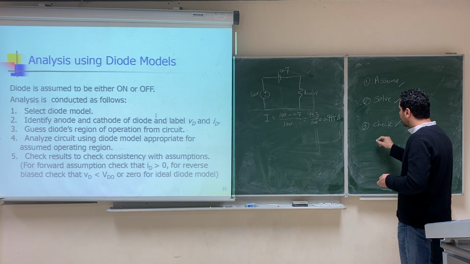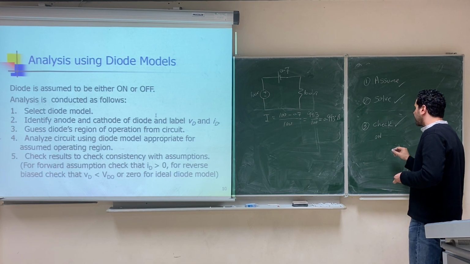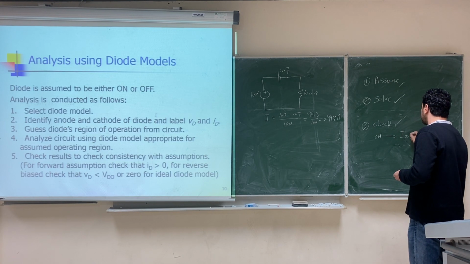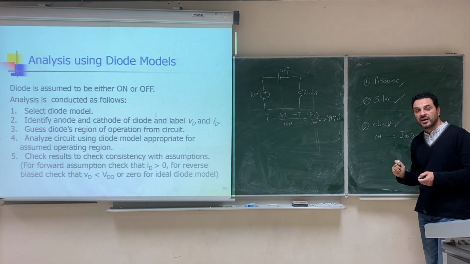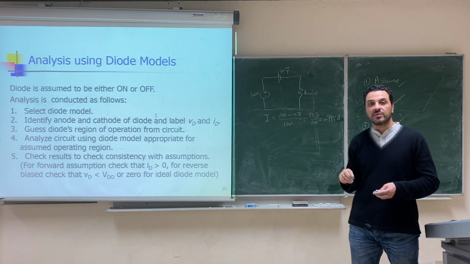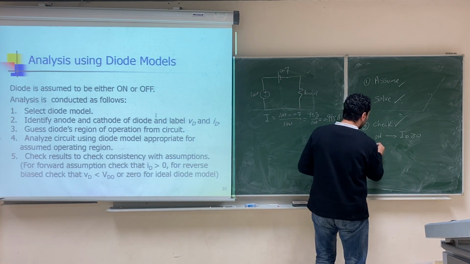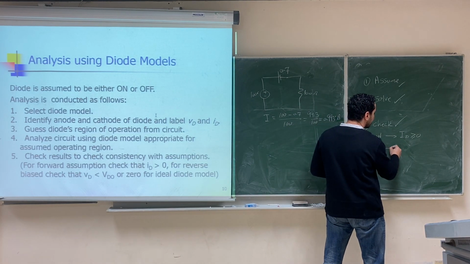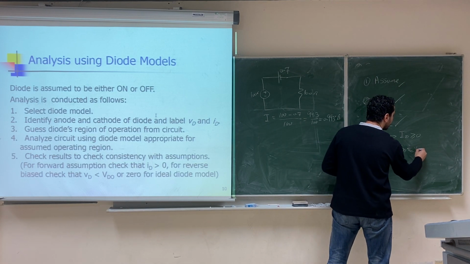How to check? You check the diodes that you assumed are on. You have to check that their current is greater than or equal to 0. And this is the condition that we talked about. If you assume that the diode is off, you have to check that the voltage of the diode is less than or equal to VDO.